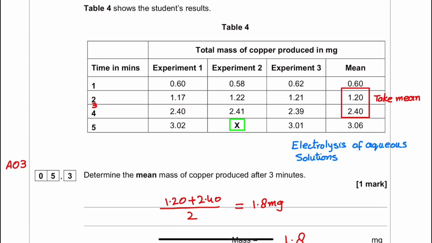The mean value is given here, and X is missing, so we will use the mean value to find the value of X.